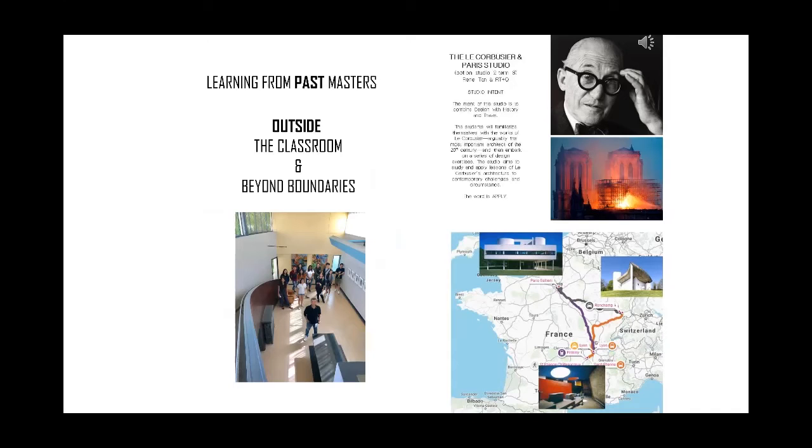For instance, before COVID hit, actually now two years ago, in 2019, we took the students to Paris to look at the works of Le Corbusier. And just before we got on the trip, the Notre Dame actually caught fire.